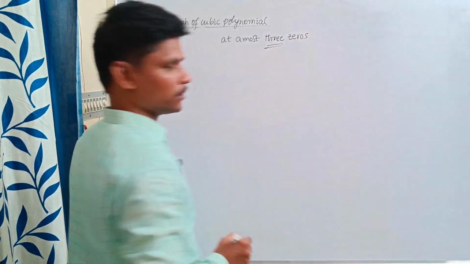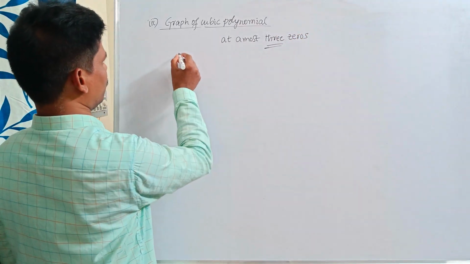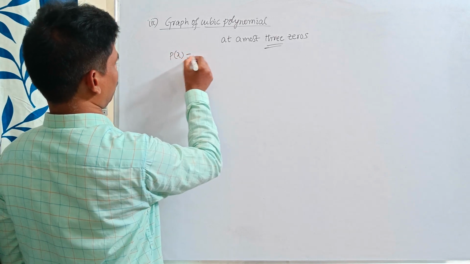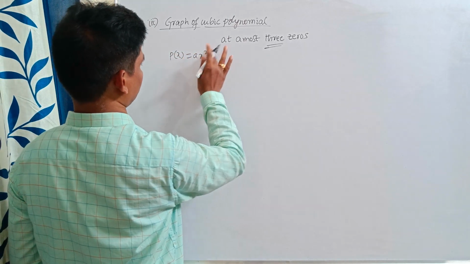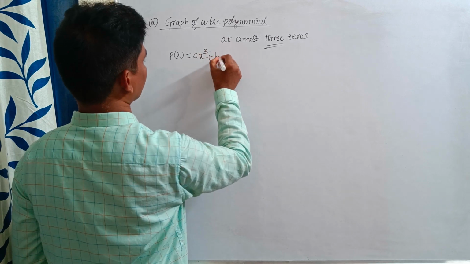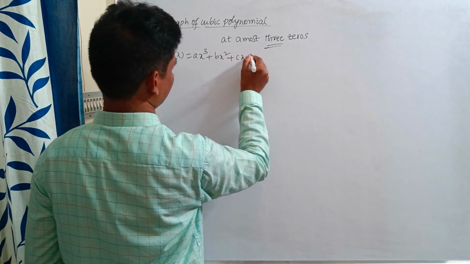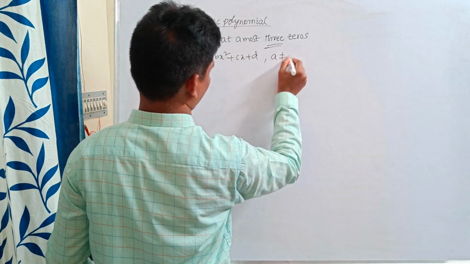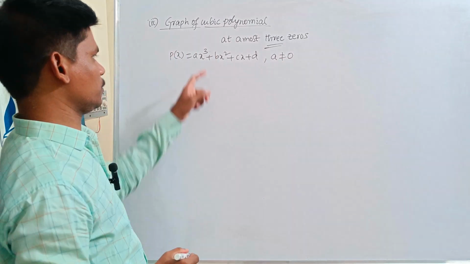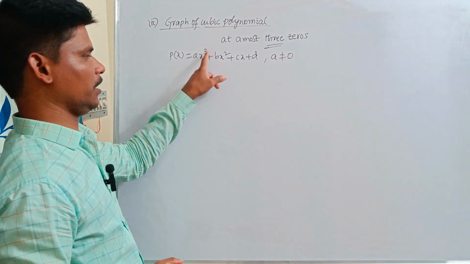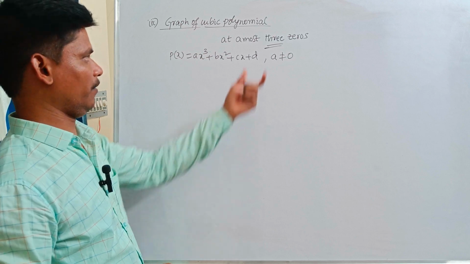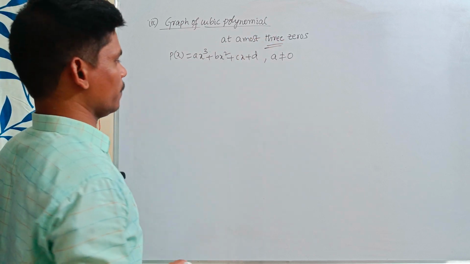In general, a cubic polynomial p of x is equal to ax cube plus bx square plus cx plus d, where a is not equal to 0. Here the degree is 3, so the cubic polynomial has at most 3 zeros.